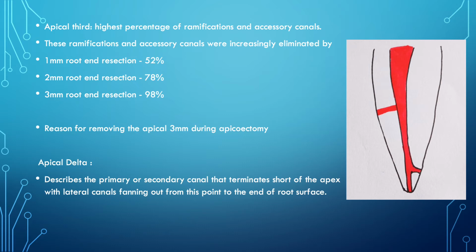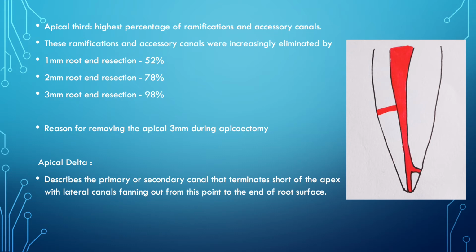But when we include 3 mm of root resection, 98% of ramifications and accessory canals can be included in the apical area. So, those areas having more apical ramifications and accessory canals will be included during root resection. So, it leads to a higher success rate of the apicoectomy.